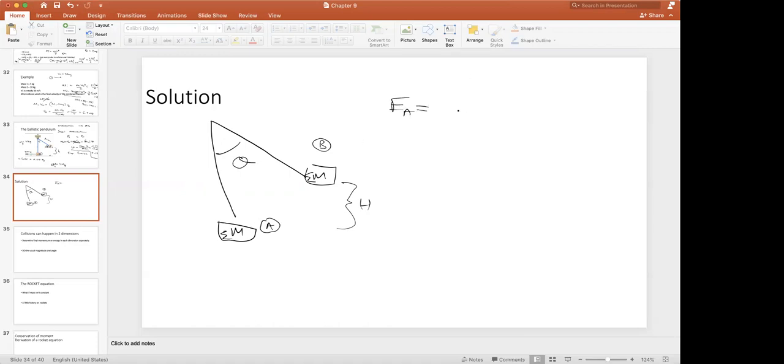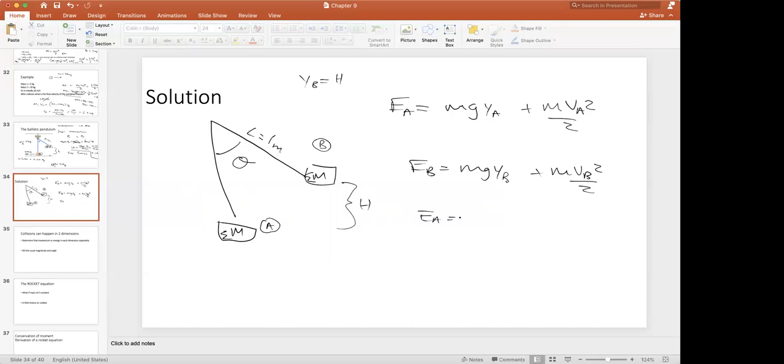So the energy, neglecting any springs, is mgyA plus mvA squared over 2. And the energy at B is mgyB plus mvB squared over 2. And we're going to identify yB as h. And remember, we were told this length was 1 meter because we're going to want to find the angle.